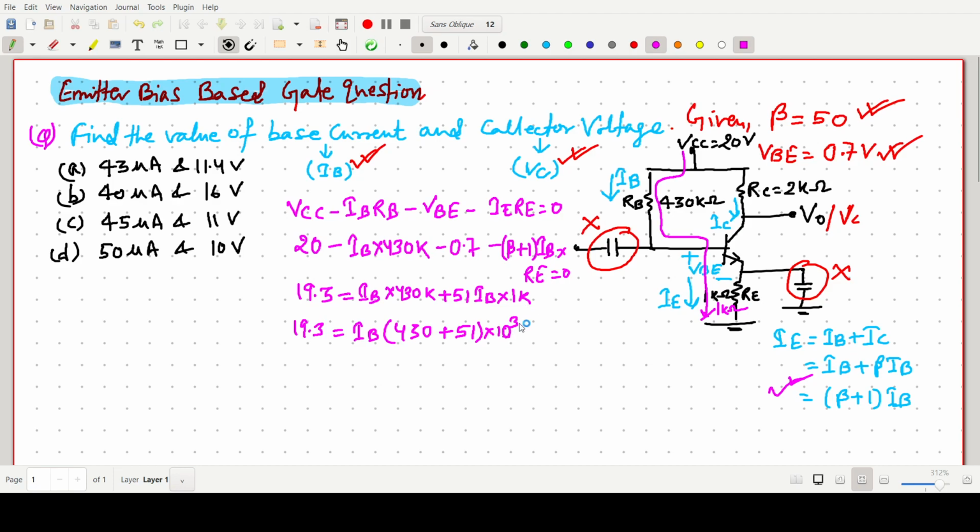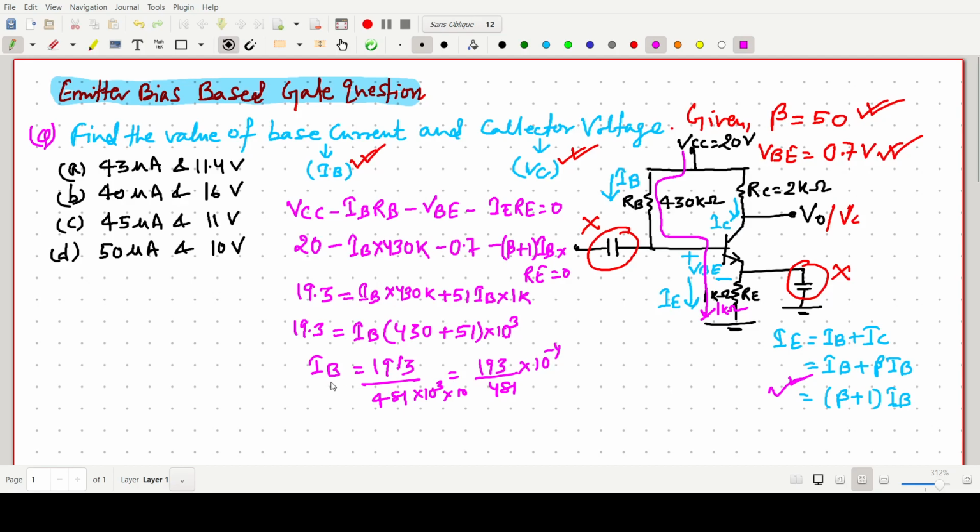From here we find IB. Doing KVL in this section, IB equals 19.3 divided by 481 into 10 to the power 3, which is 193 by 481 into 10 to the power minus 4.